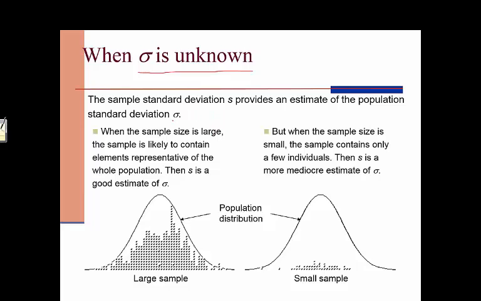When sigma was unknown, we had to estimate sigma with the sample standard deviation S. Okay, and using that S meant that we would have to use the t distribution instead of the z distribution.